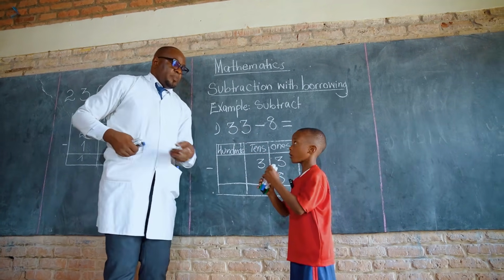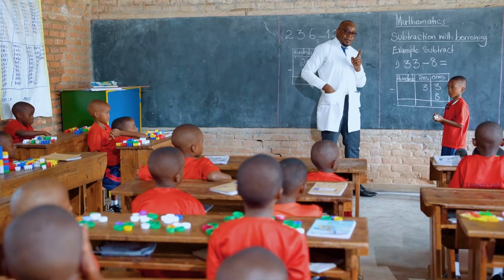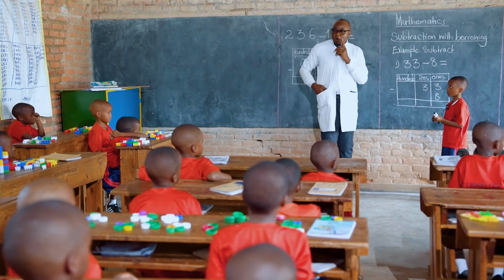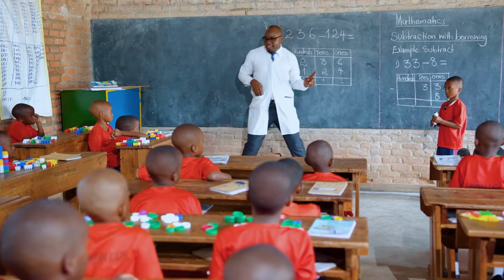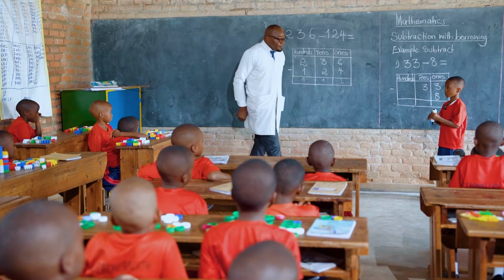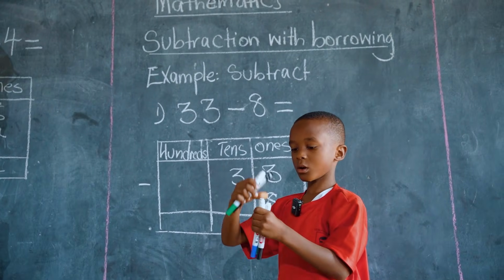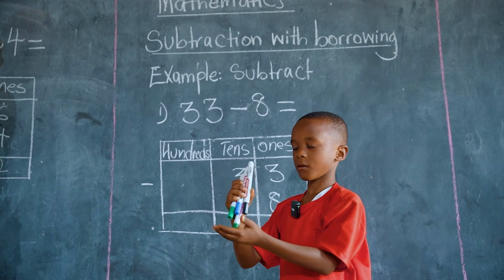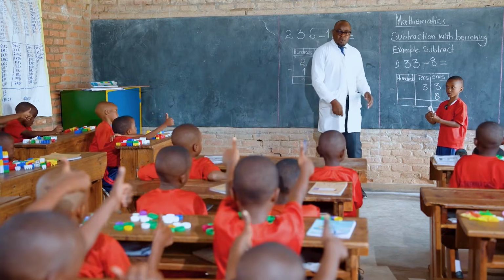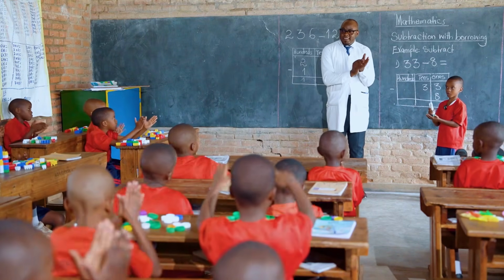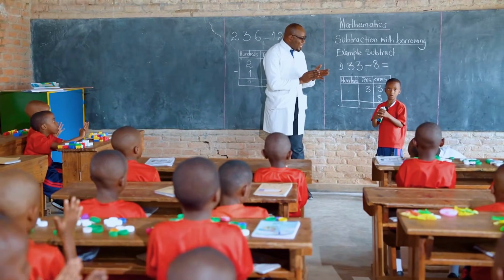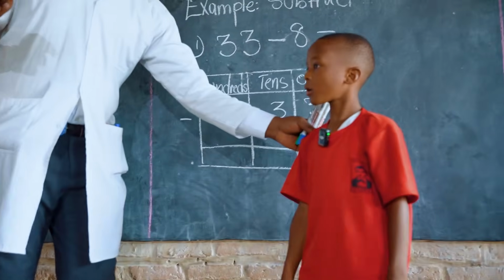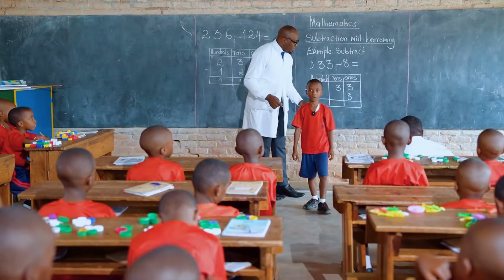So when Benjamin takes away 8 ones from 13, we are going to see how many he is remaining with. How many are you remaining with? 1, 2, 3, 4, 5. 5. Correct. Can we clap hands for Benjamin? Benjamin, you are super. Thank you, Benjamin. You can take your seat.